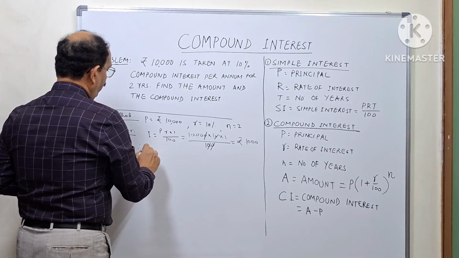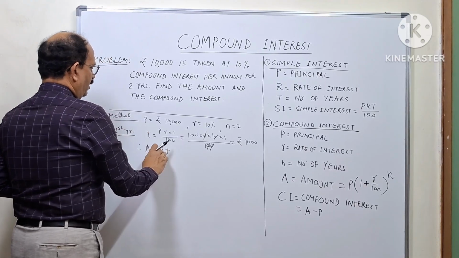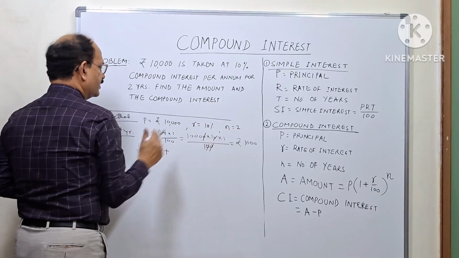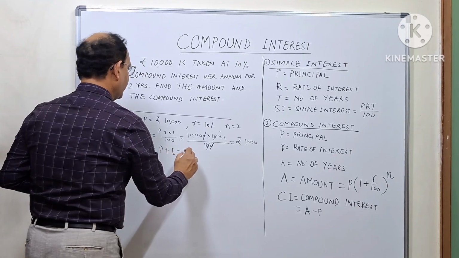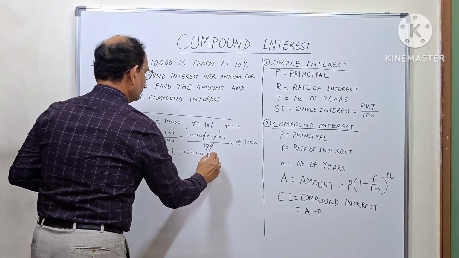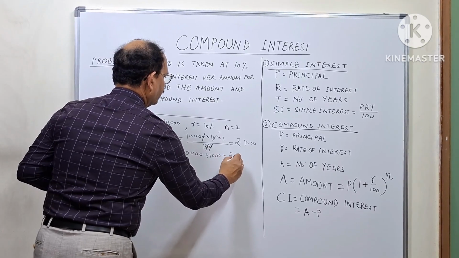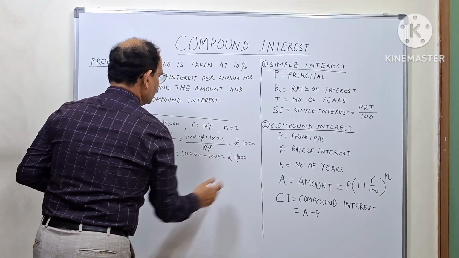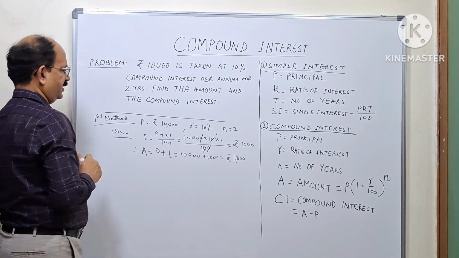So therefore, amount at the end of first year, principal will get added with the interest earned in the first year, that is I, and therefore we'll get 10,000 plus 1,000, which will be rupees 11,000. So this becomes my amount at the end of the first year.